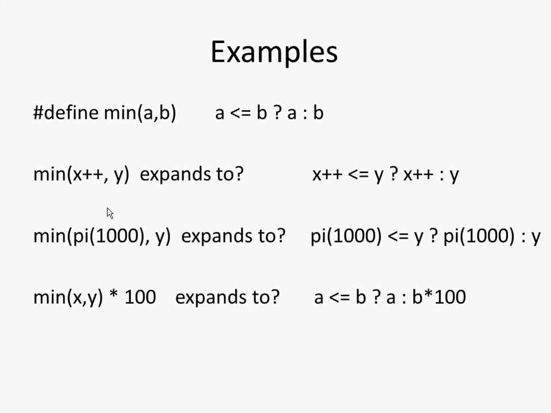What's really dangerous here, what's insidious, what is worrisome, is that when you're using this, you may not know whether min is a macro or whether it's a call to a function. Suppose I implemented min as a function. Suppose I define int min of int a comma int b, and I had return of that expression. How would it be different?